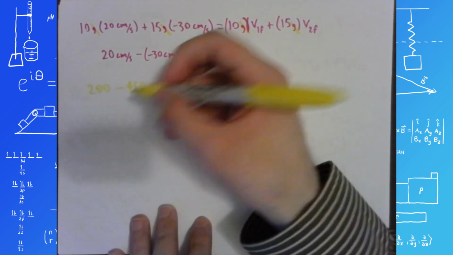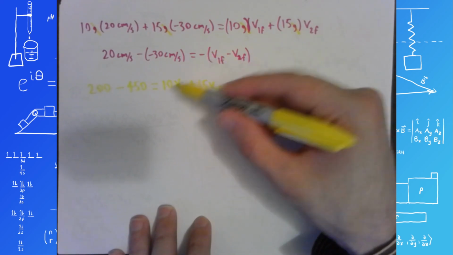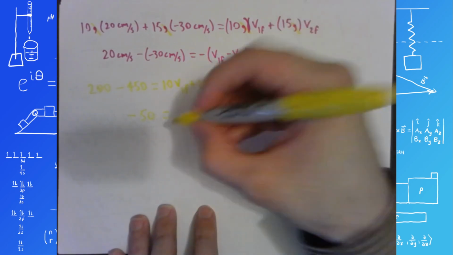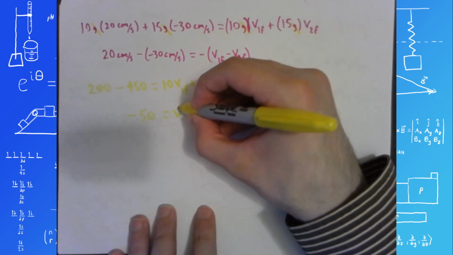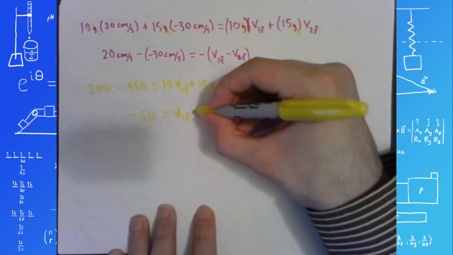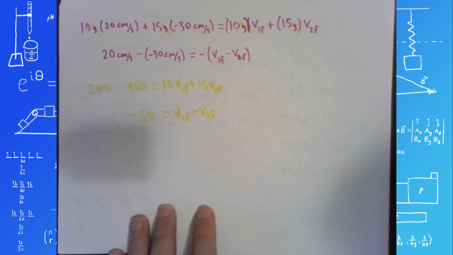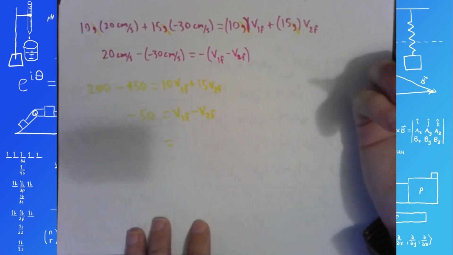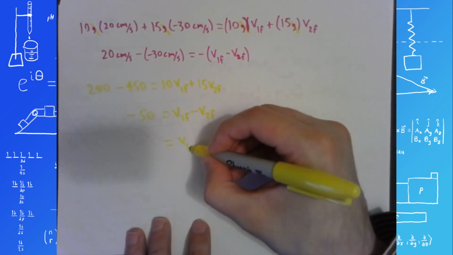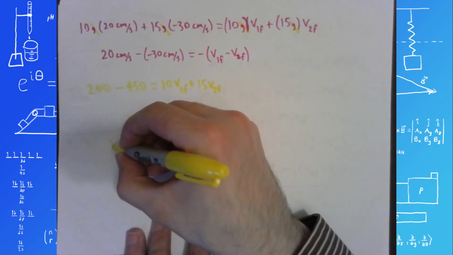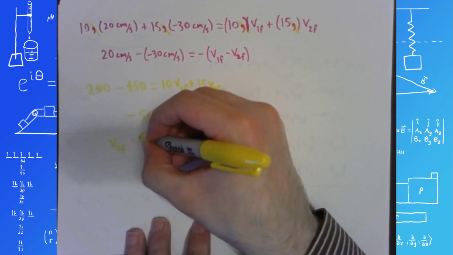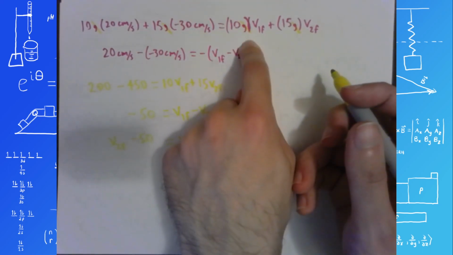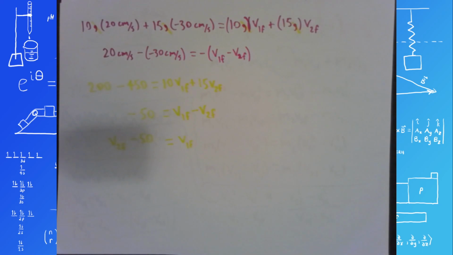And over here we've just got 50, or I guess if I move the negative sign over to the left, I'll say negative 50 equals V1 final minus V2 final. Add V2 final over to the left-hand side, and we've got a really simple substitution that we can make. V1 final is equal to V2 final minus 50. And then plug that into here, or I guess here, and we should be good to go.